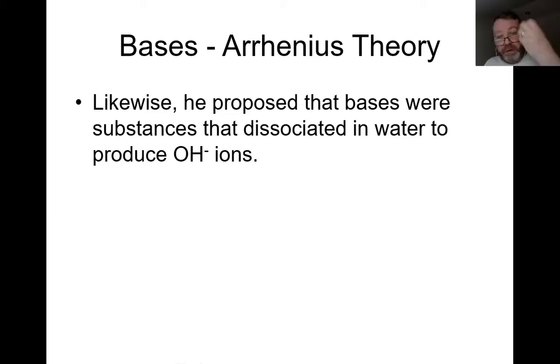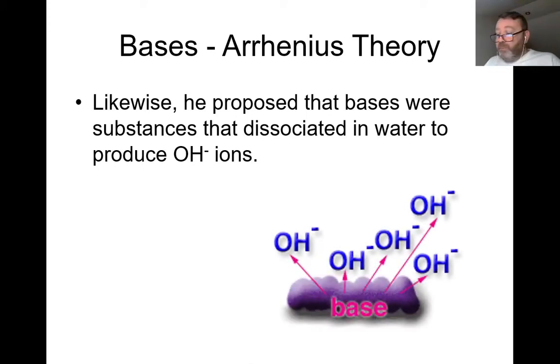But when it broke down, it continuously released what we call OH- ions, like that. So bases in water produce OH-, acids in water produce H+, meaning that it must be the H+ and the OH- that are causing the litmus paper to turn red or blue, or the universal indicator to have a particular colour. Okay, so just link those two together in your head for the moment. We'll come back to it again later on.